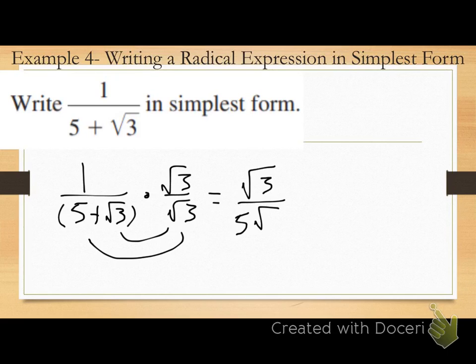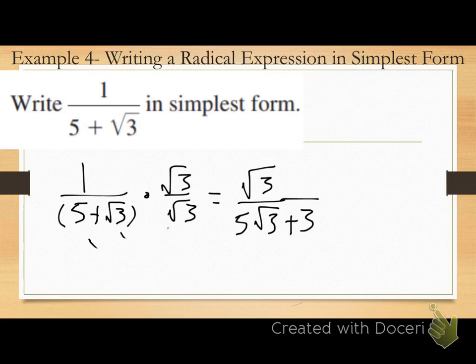So I get 5 square root of 3 plus 3. Did I get rid of my square root? No. So this is why if I have an expression in the denominator where I'm adding or subtracting and it involves a radical, I have to use my conjugate. Because if I just multiply by the square root, it doesn't get rid of the square root, because of that second part of the expression.